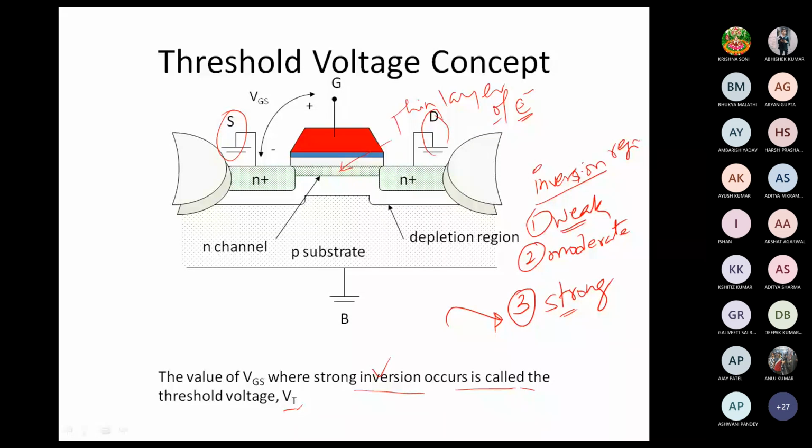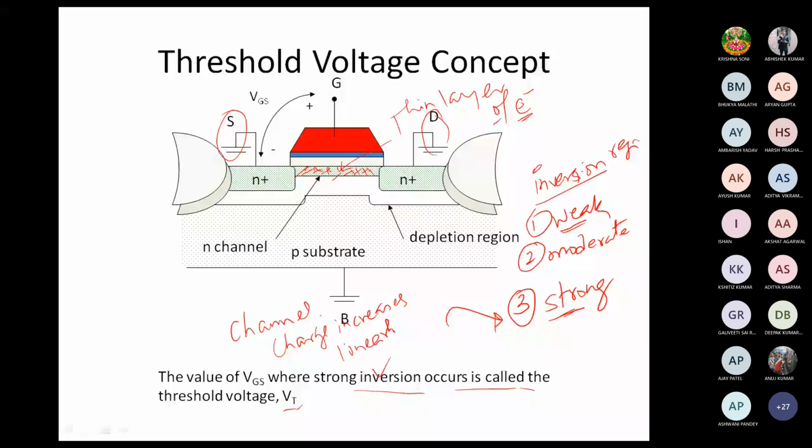If we apply gate voltage beyond this in strong inversion, then the channel charge, that is electrons, increases almost linearly.